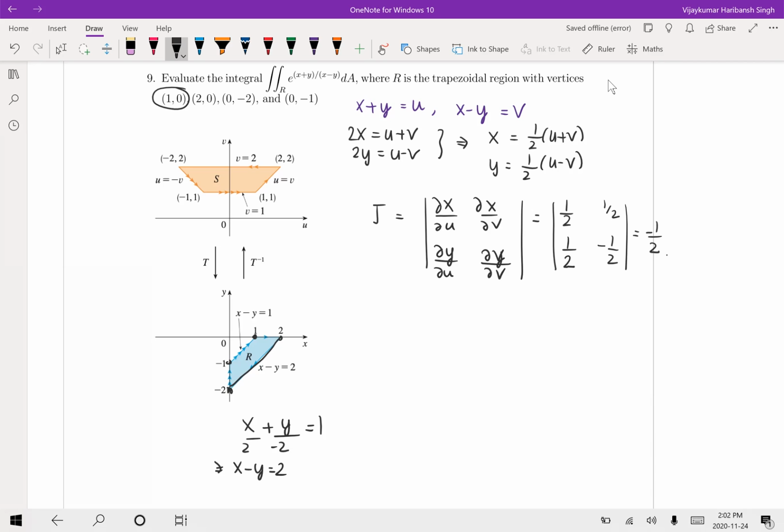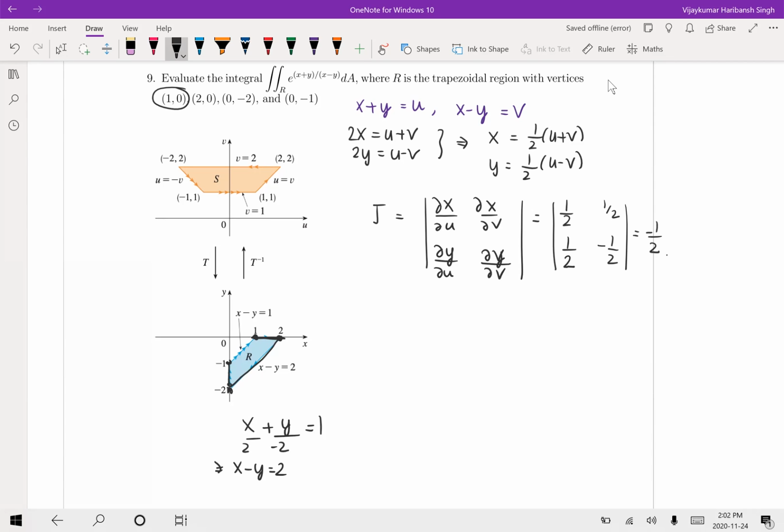Same thing can be done here. You will get x minus y equals 1. In this part, you will have x equals 0, and here you will have y equals 0, right?